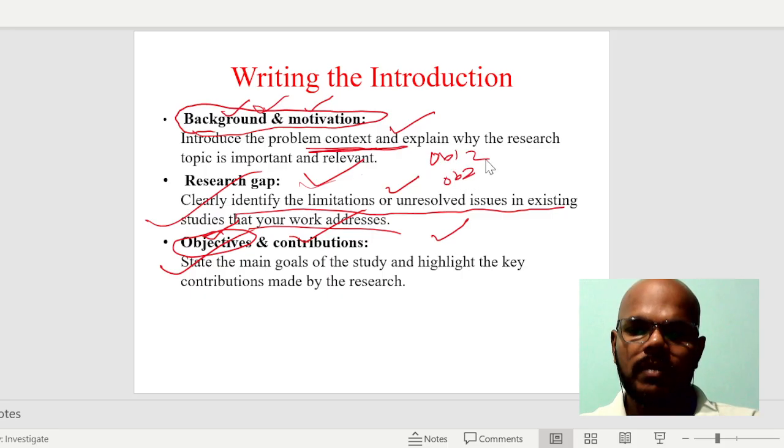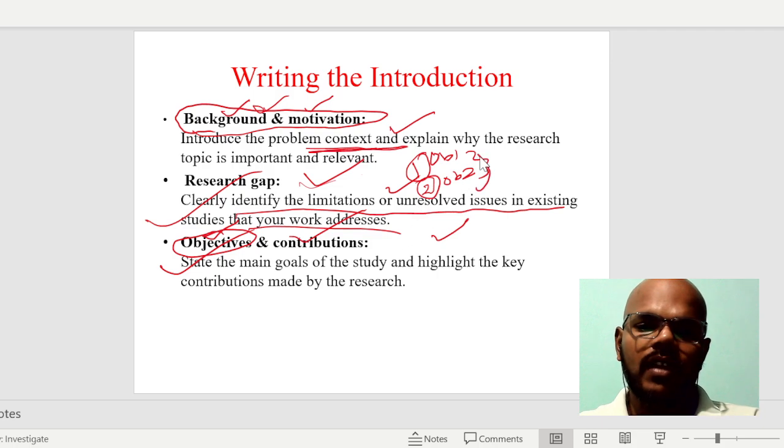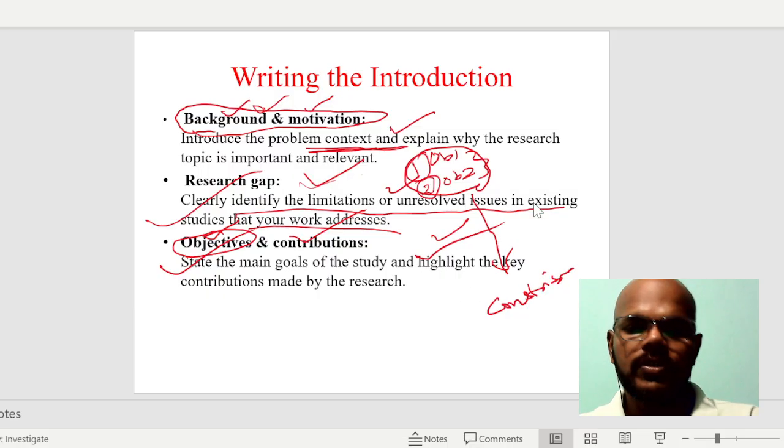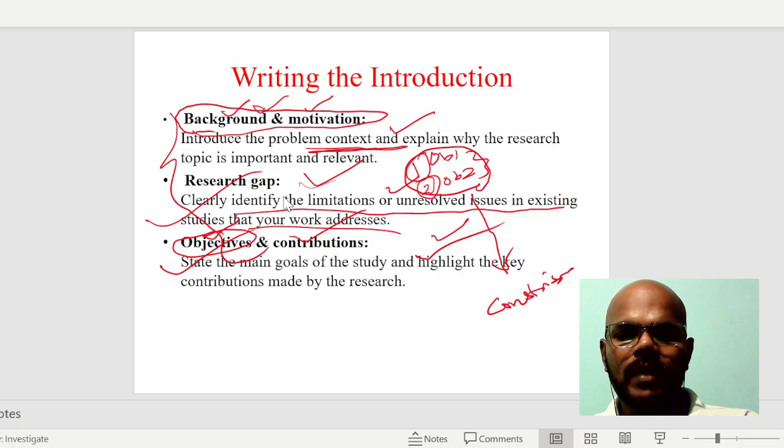To solve these objectives, what is your contribution? That should be mentioned in the contribution section. So I hope you understand the necessity of the introduction section and what parts should be there in the introduction section.